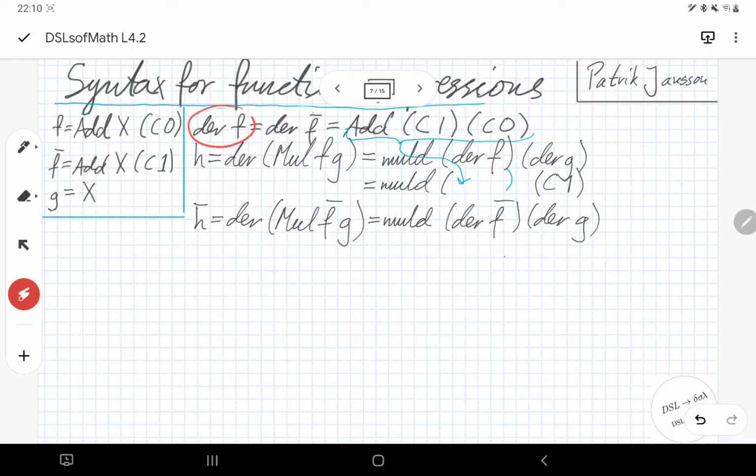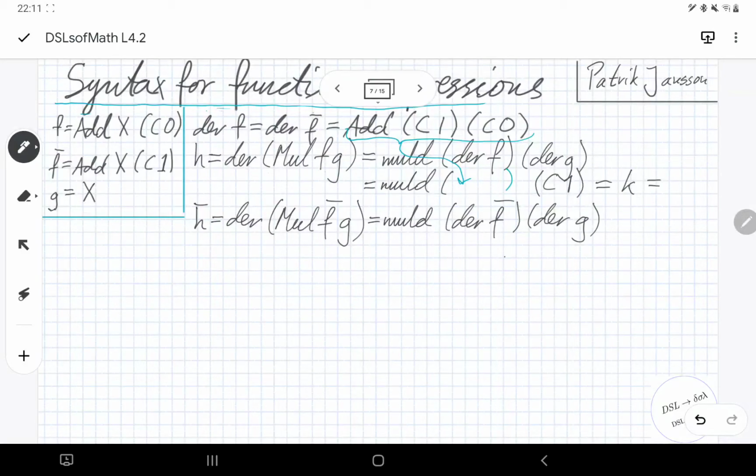That's because we know that der f is equal to this expression, the blue one we filled in, and also der f bar is equal to that. So even though we don't know what mul d is doing as a function, it could return whatever syntax tree it wants. We know that there is one specific syntax tree it returns. We can even give it a name. Let's call it k. So this is just an equality chain. h equals k, which equals h bar. So h and h bar, according to these assumptions, are the same syntax tree.